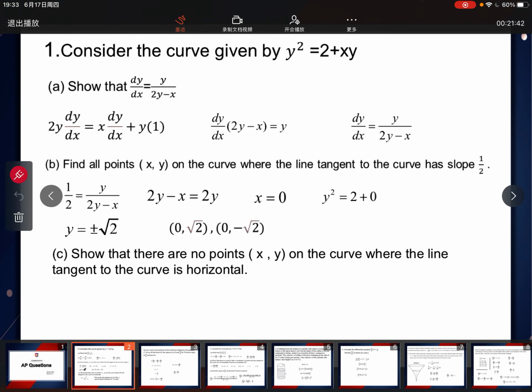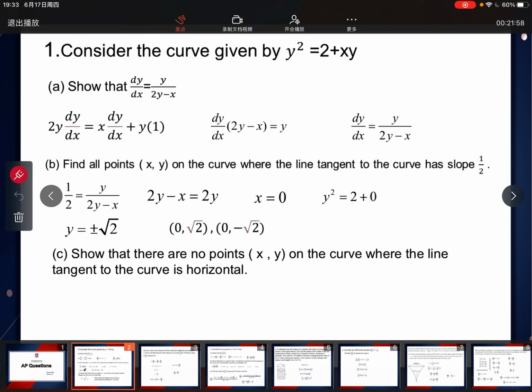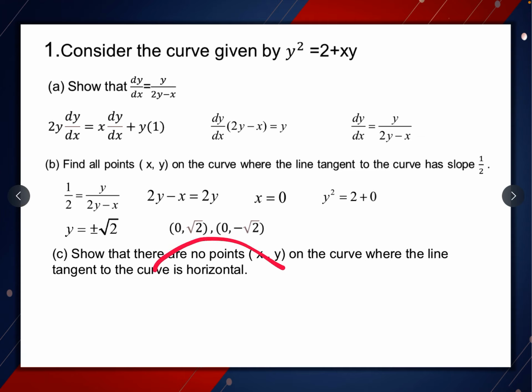Simplify it, and we can get x equal to 0 and y squared equal to 2. And y will equal positive or negative square root of 2. So the final coordinates will become (0, square root of 2) and (0, negative square root of 2).